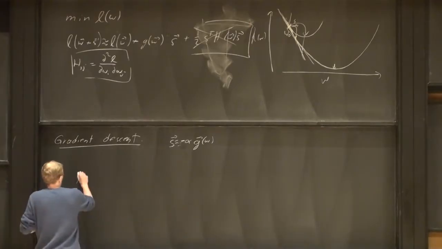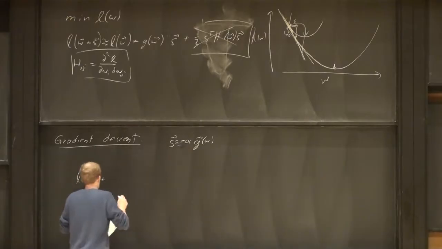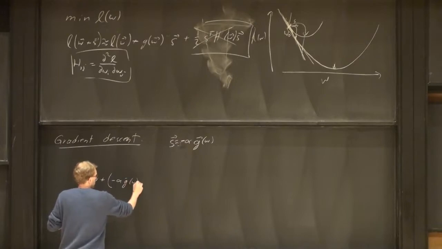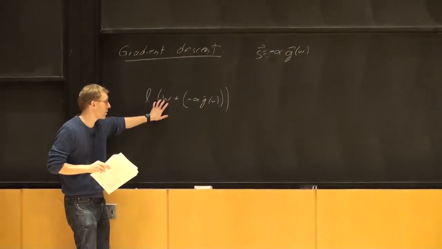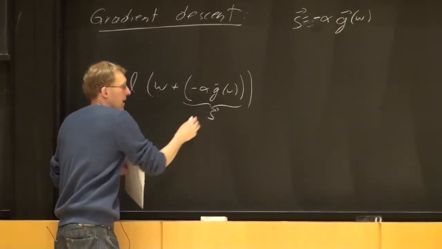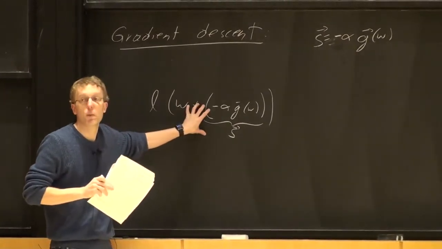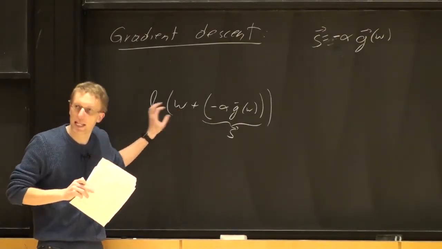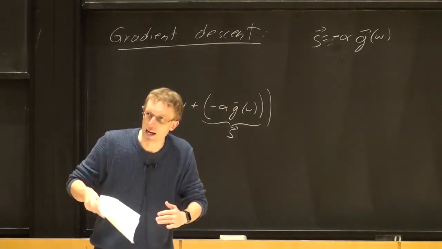Our loss function L of W plus S is now this term here, so W plus minus alpha G of W. So we have our original W, and this here is the step we want to take from our original W. And I'm claiming this should be less than just L of W, so less than the value that we started from. If that's true, then by taking the step, we went downhill.